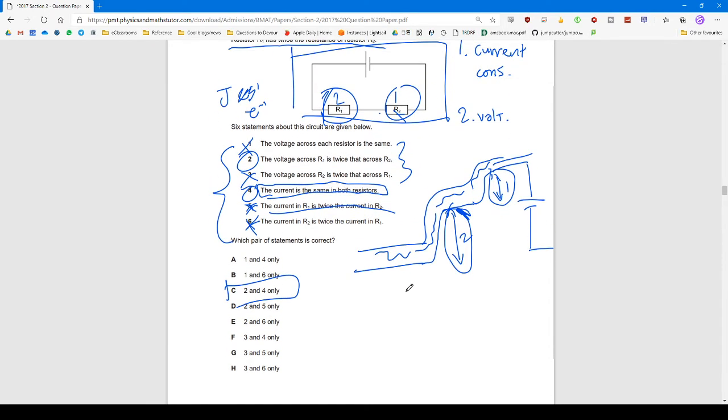Another way to think about it is think of a ball rolling down a hill. If the ball is up here, high potential. If the ball is down here, low potential. There is a potential difference that the ball has gone through. It's like the enthalpy change of the ball in terms of its gravitational potential energy. Or in other words, its potential difference, but this just applies to gravity.